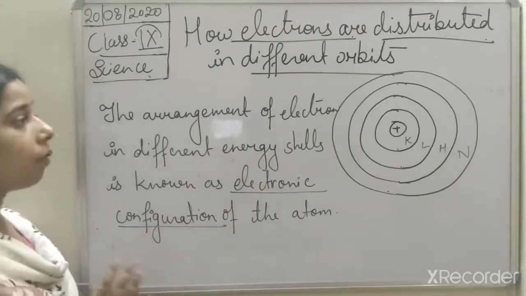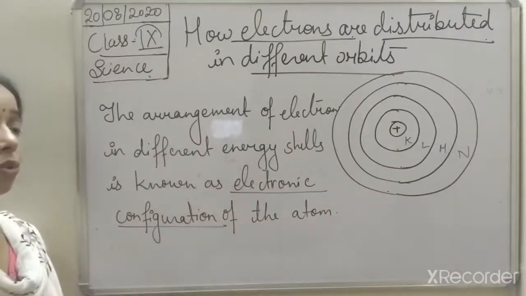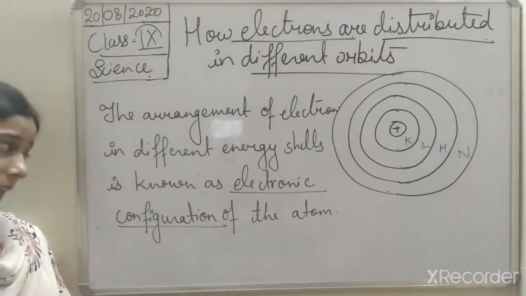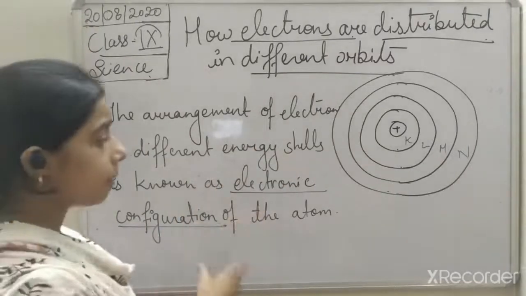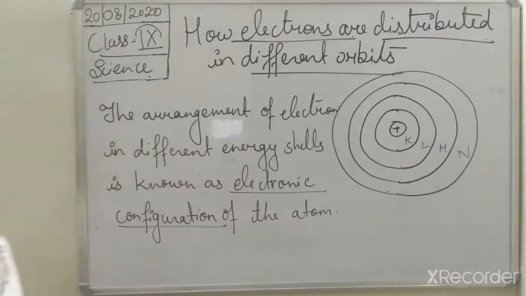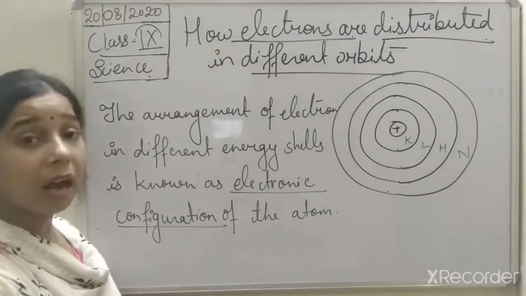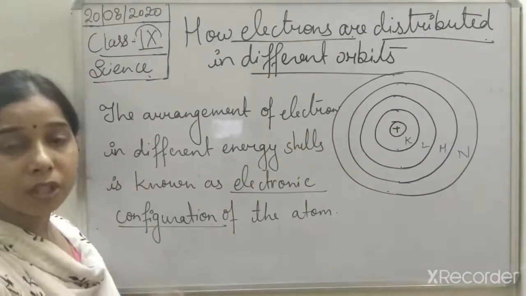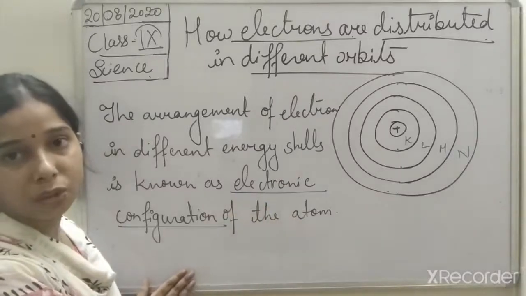Okay, so now we will discuss how we can distribute the electrons in the different orbits, or how the electrons are present in the different energy shells. When we talk about the distribution, there are certain rules which we have to follow to understand the electronic configuration of the atom.